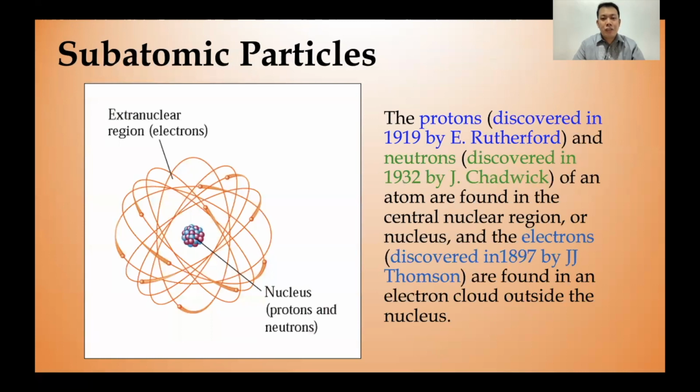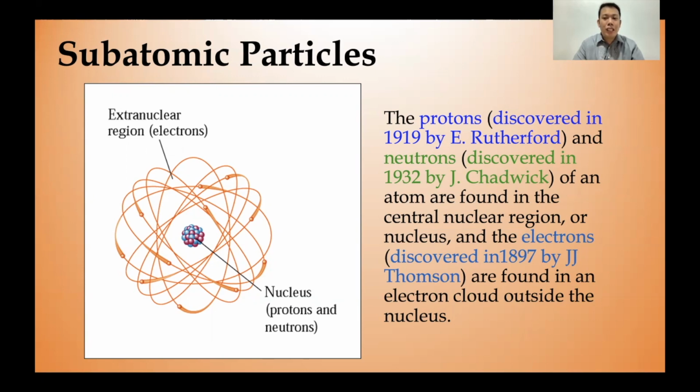The protons were discovered by Ernest Rutherford in 1918, followed by the neutrons by James Chadwick in 1932. They found out that the atomic weight or atomic mass can be found in the nuclear region of an atom. That means the mass of an atom is concentrated at its center, which is the location of the protons and the neutrons.